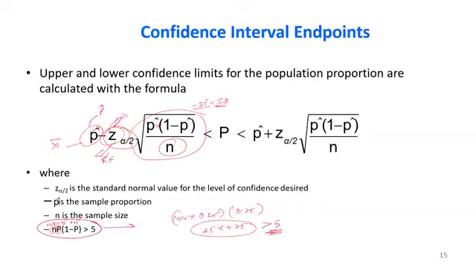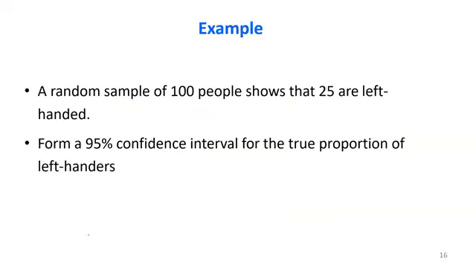Because here the number of objects which falls in that particular proportion is not big enough to consider this Z distribution. So that's the check we have to make. Otherwise, now we are good.